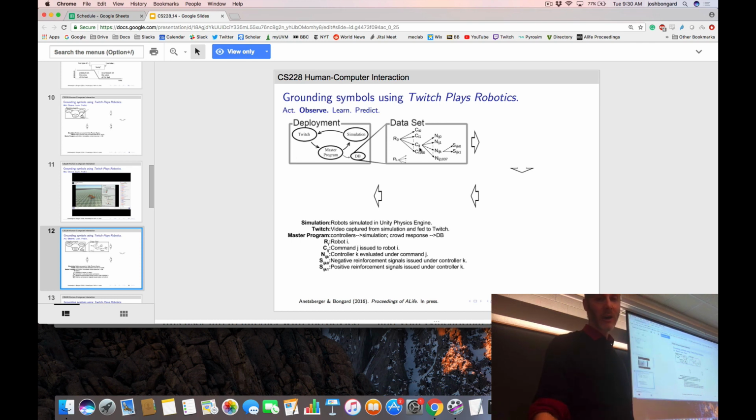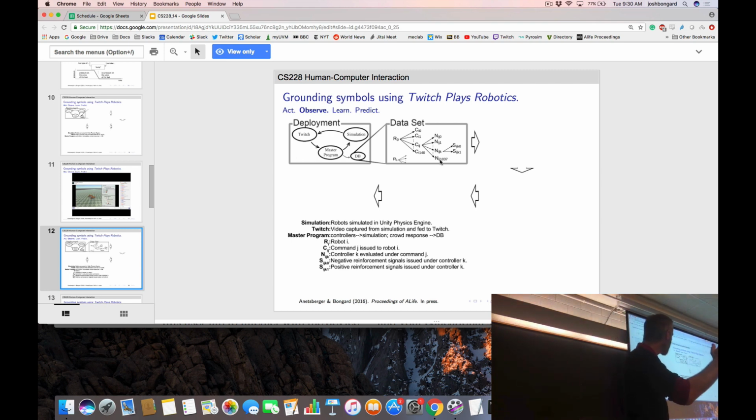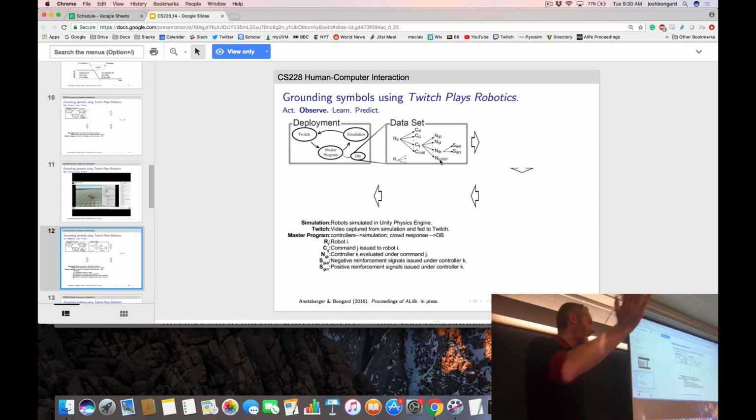And as the robot heard that command, it performed a number of actions. And those actions were generated by a controller. For our purposes, just think of the controller as the thing in the brain of the robot, the thing that causes the robot to perform actions. So you can think about N for controller or actions, it doesn't really matter for our purposes.